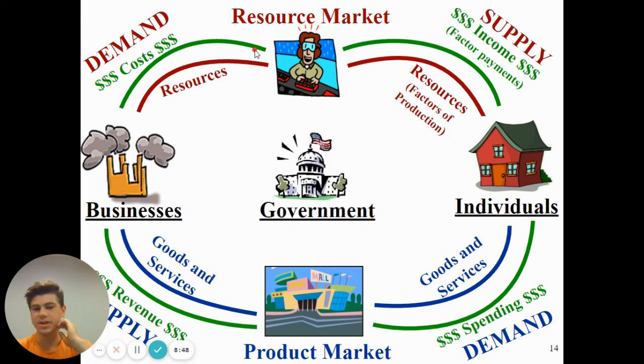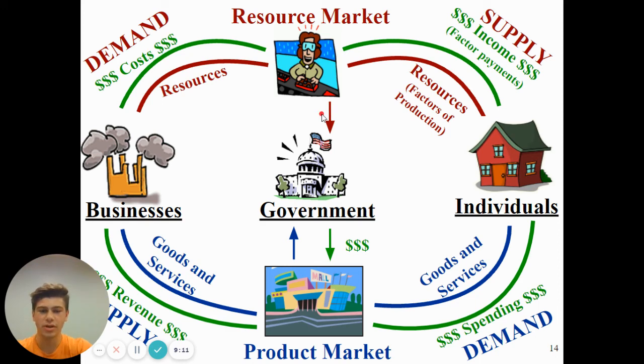Now, throw in the government here, and let's start with the product market. The product market gives products, goods and services, from the businesses to the government. The government in turn pays money. Same thing in the resource market. Individuals are going to provide resources.